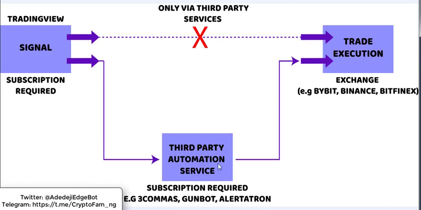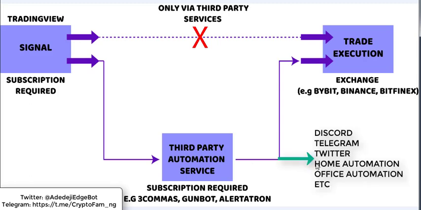Then from the third-party automation services, you can proceed to send that signal to execute certain things for you, not just trades on your exchange, but you can also send to other services as well, maybe Discord, Telegram, even to open your door if you have a smart home, or to shut your lights off, to shut your blinds, anything that's automatable, you can achieve from here, right?